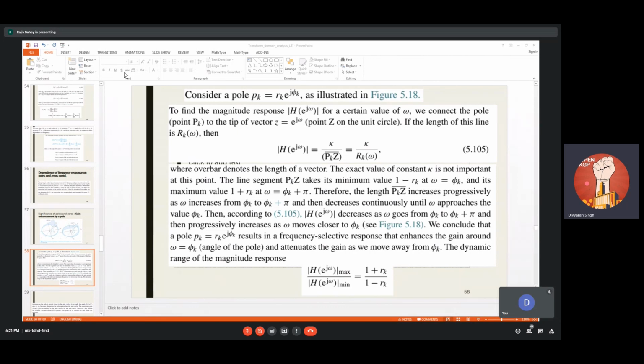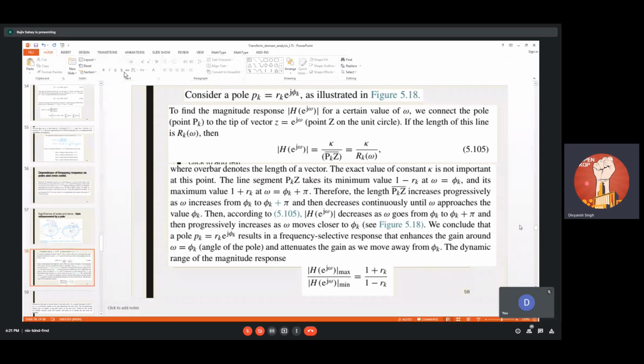Okay. So we see that the magnitude response of the filter increases as the rotating vector capital Z comes close to the pole. So if you plot mod of H(e^jω) versus omega, then omega is the angle that capital Z is making with respect to the x-axis.